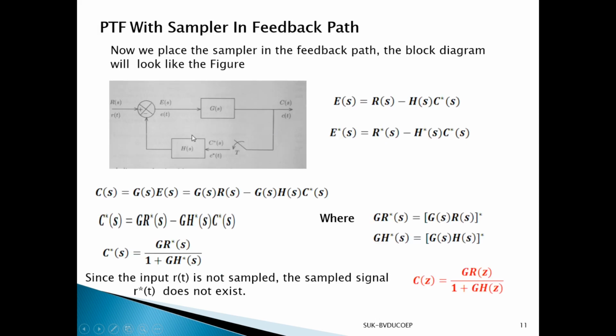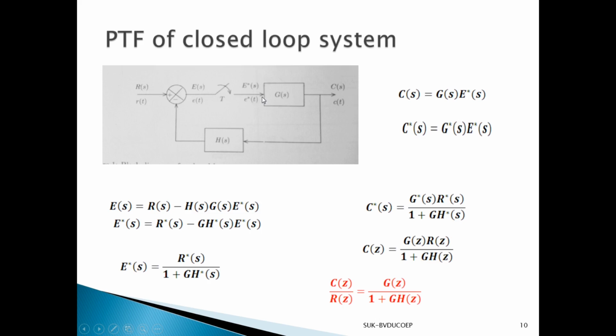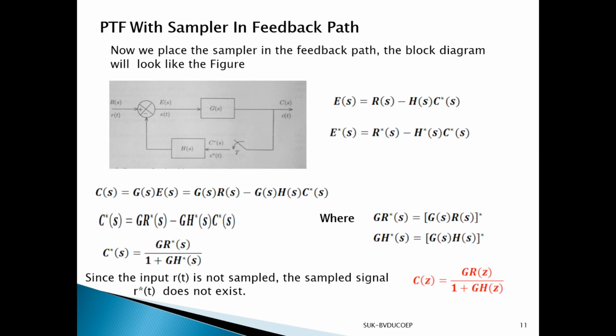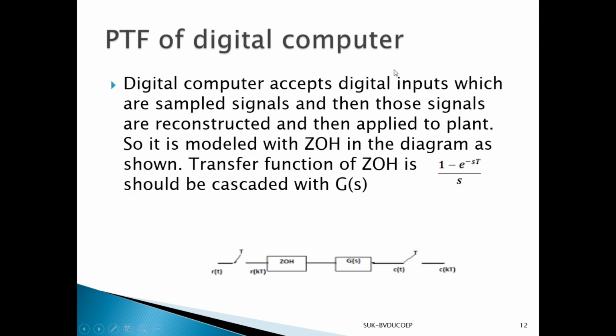See here, I am taking samples, but directly I cannot apply it when I am considering a computer in between. And then I am applying to the plant. To the plant I will not apply the samples, but I will apply the reconstructed signal. Reconstructed means sample and hold circuit. So it is converted into a continuous time signal. Therefore we are modeling with zero order hold.